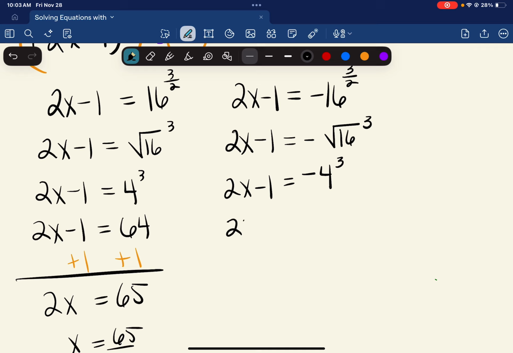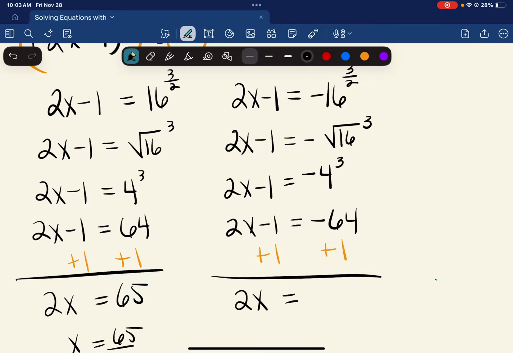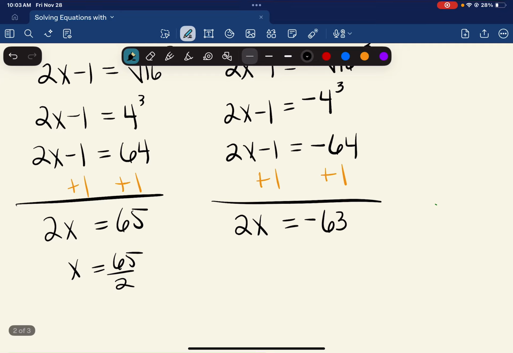So this is 2x minus 1 equals negative 4 cubed, which is negative 64. Add 1 to both sides of our equation. And of course, that gives us 2x equals negative 63. Divide both sides by 2, and we get x equals negative 63 over 2.